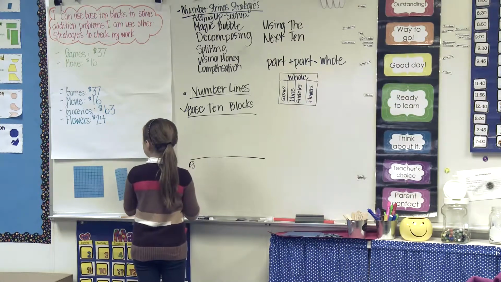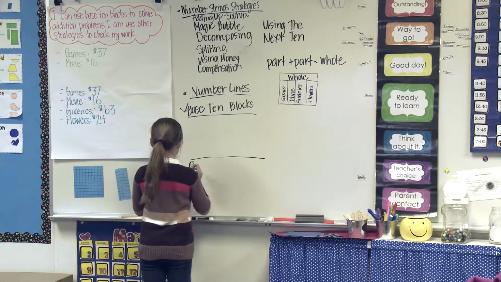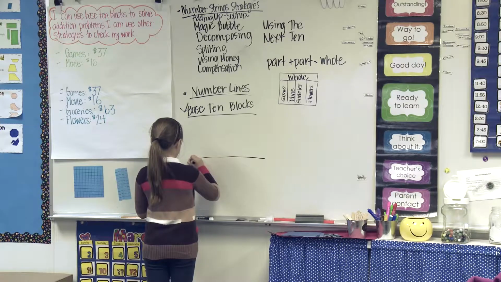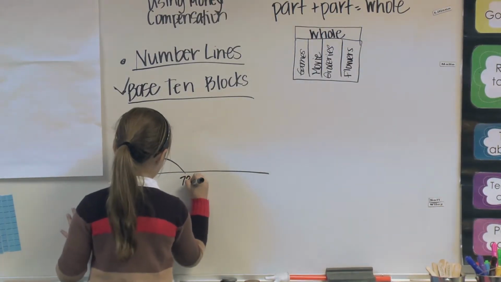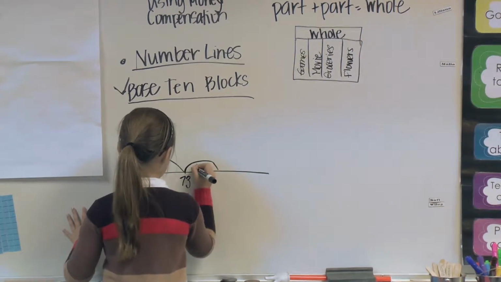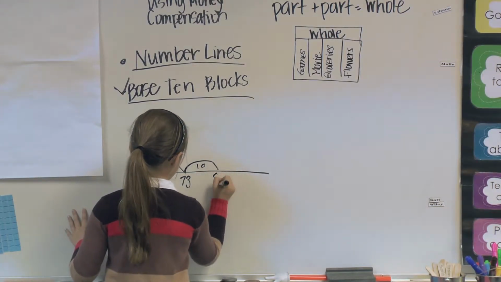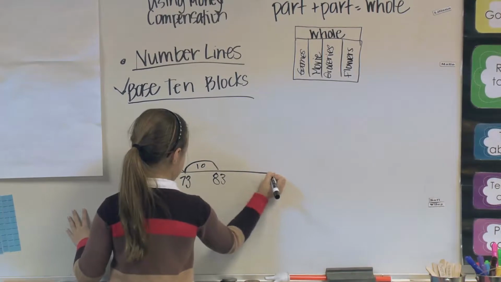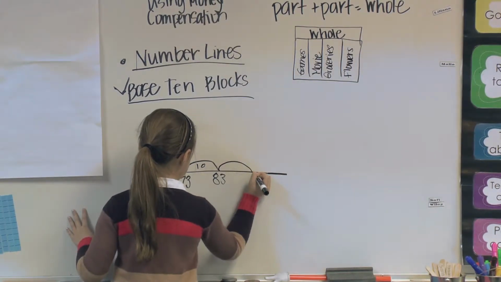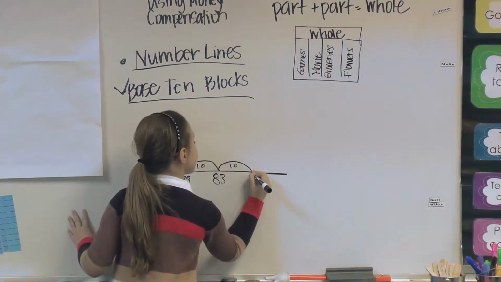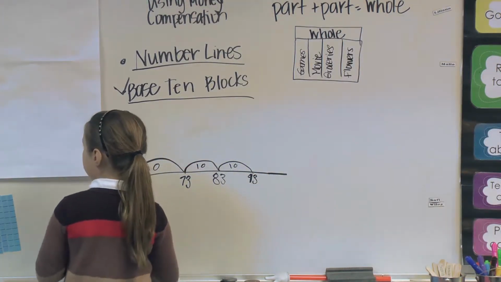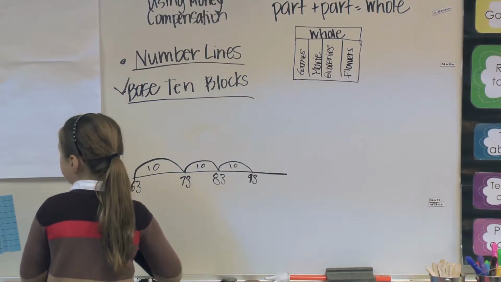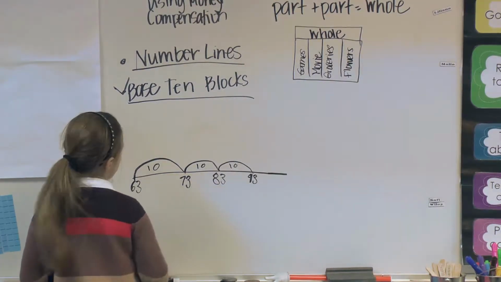So then for the 37, take one jump of 10, and that would be 73. And then another jump of 10, and that would be 83. And one more jump of 10, and that would be 93. So we would just cross off the 37, and then you would do 24 jumps.